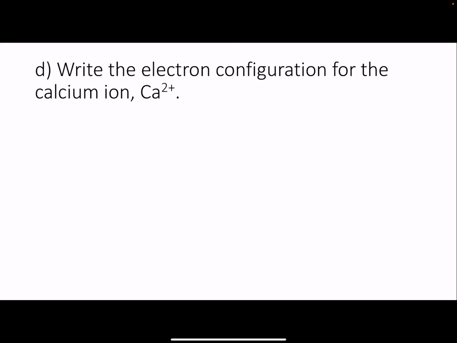All right, so we've got an electron configuration for the calcium ion now. 2+ means lose 2 electrons. So let's look on our periodic table. Calcium is in the 4th energy level. It is in the s block, and it's in the 2nd position.